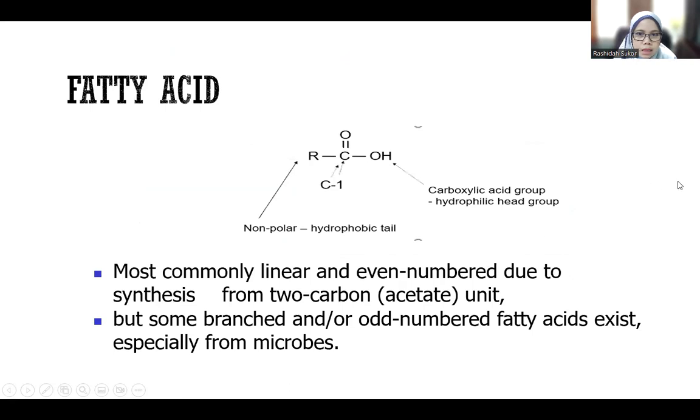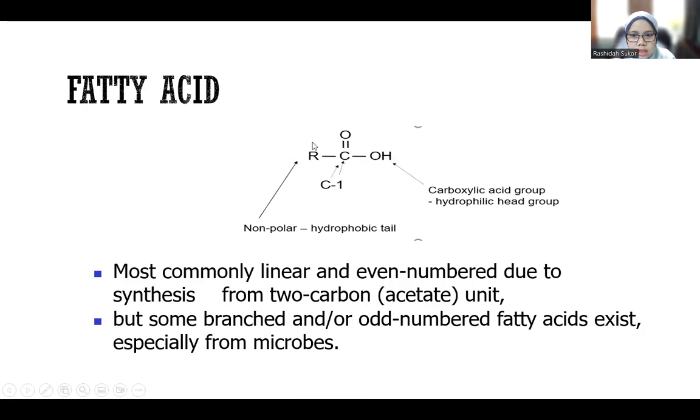And then we go to fatty acids. The way you write a fatty acid is COOH, C double bond O, OH. This is the carboxylic group. The C is double bonded with O, and then with a hydroxyl group.